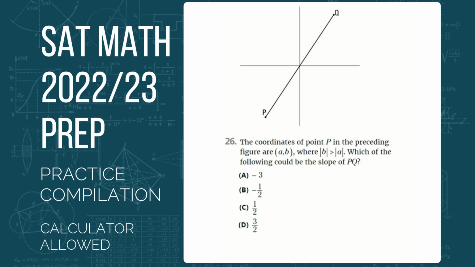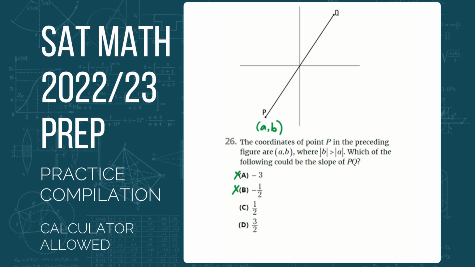The coordinates of point P in the preceding figure are (a, b). All right, let's write here, where the absolute value of b is greater than a. All right, b is greater than a. Which of the following could be the slope of PQ? The slope of this line is moving upwards, so obviously it doesn't have a negative slope, so this is not the answer, and this is not the answer.